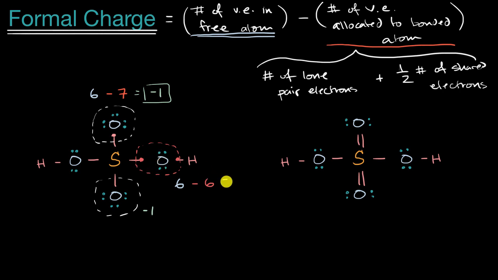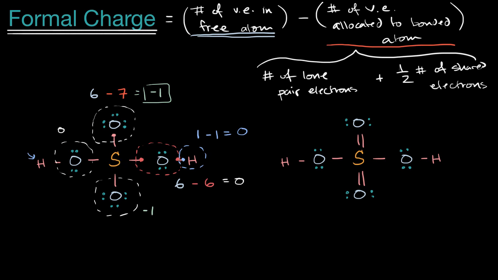So this has a formal charge of 0. By the same logic, this oxygen over here has a formal charge of 0. And then what about the hydrogens? Well, this hydrogen right over here, a free neutral hydrogen would have 1 valence electron. And this hydrogen has no lone pair electrons. If you give it half of this bond, that's just 1 electron. So it has a formal charge of 0. And by the same logic, this one over here also has a formal charge of 0.